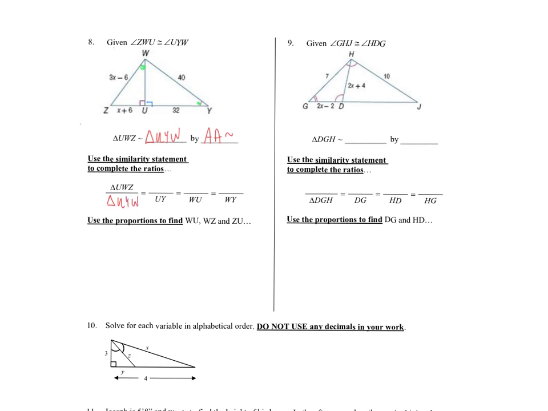And now we can either look at our triangle to do similarities or our similarity ratios, or we can look at the naming of the similarity statement. So if I'm looking at UY, then it's going to be proportional to UZ. Excuse me, UW.